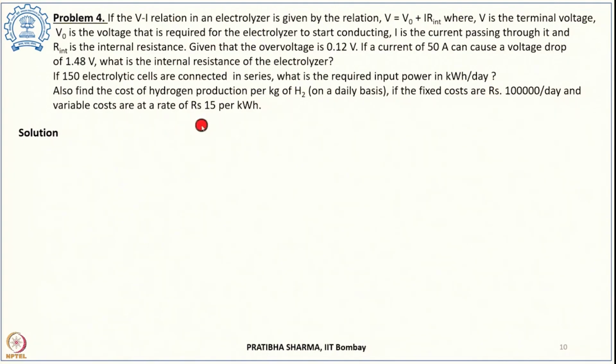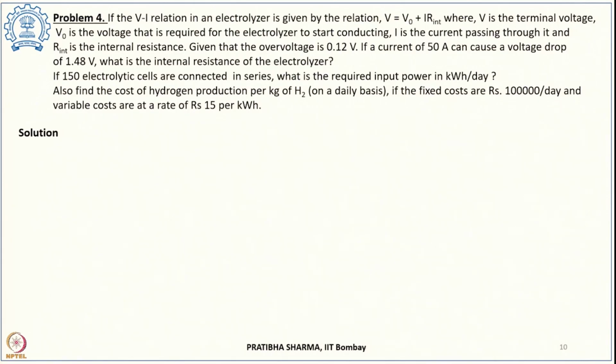So the first part is to find the internal resistance of the electrolyzer, then the input power, and then the cost of hydrogen production under these conditions. So let us try to attempt that.